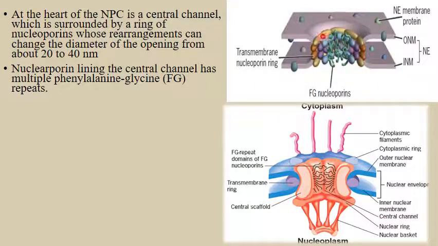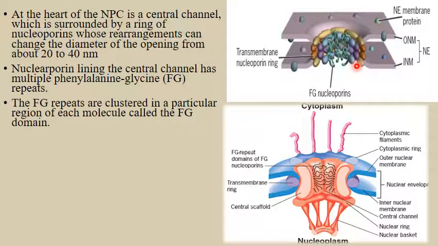This is the transmembrane nucleoporin, and it lines the central channel. The FG repeats are clustered in a particular region of each molecule, and are called FG domains.